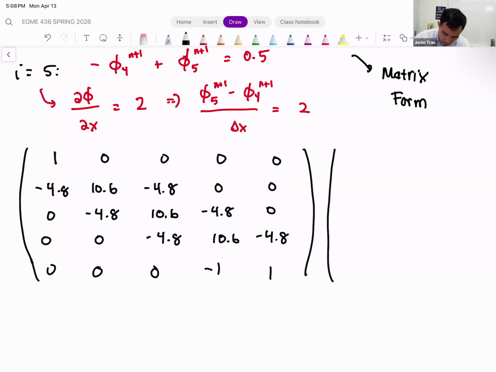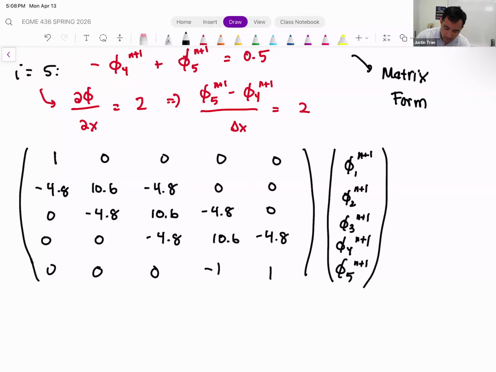This is multiplied by phi1 at n plus 1, phi2 at n plus 1, phi3 at n plus 1, phi4 at n plus 1, phi5 at n plus 1. I apologize, my writing got a little bit messy, so the phi terms don't exactly match up with the rows, but there are five rows and five phi terms.